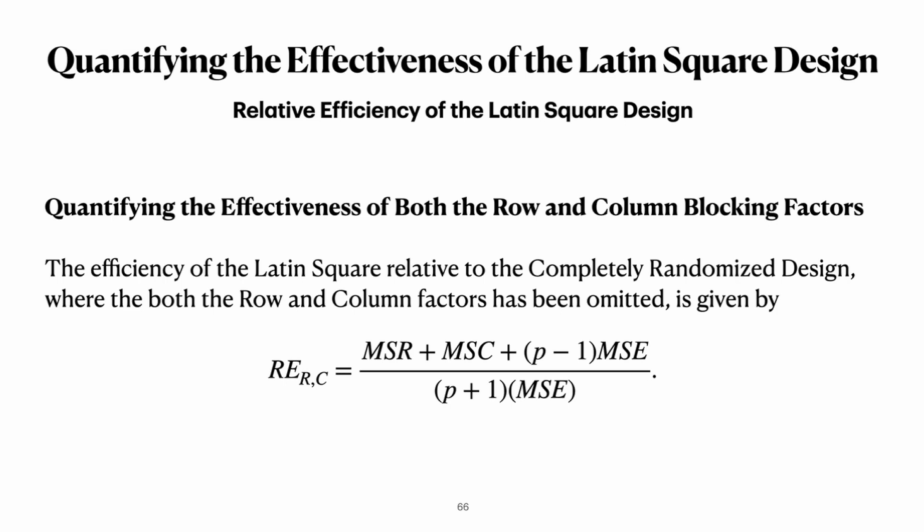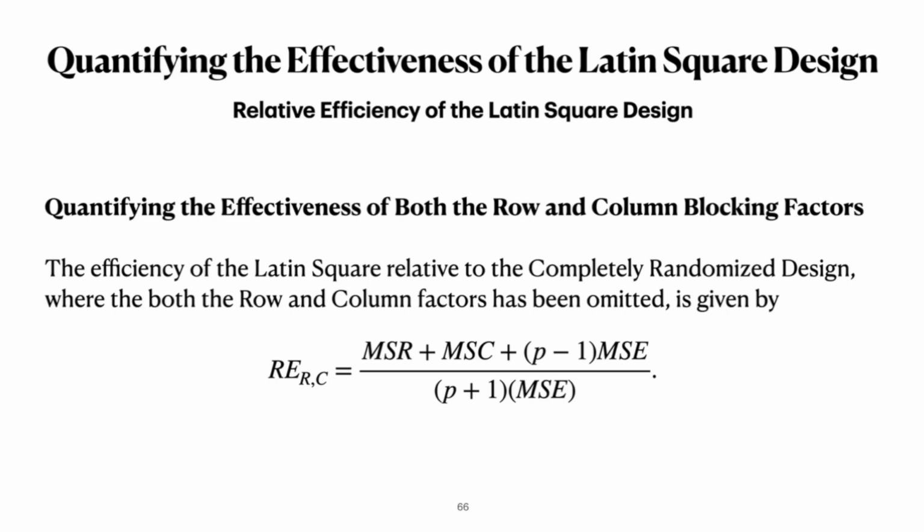And then finally, what if we wanted to evaluate the effectiveness of including both blocking factors, the row blocking factor and the column blocking factor, together? We want to get a sense of how effective they are together. One way to do this would be to consider not utilizing either the row blocking factor or the column blocking factor, omitting them both.